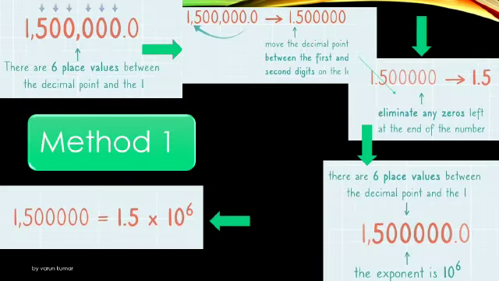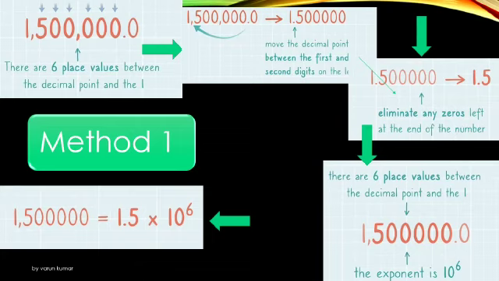Now see here, we are going to discuss some problems related to the same topic. Here the value is 1500000, and there are 6 place values between the decimal point and the 1. For that, we have to change the decimal position to between the first and second digit of the number.